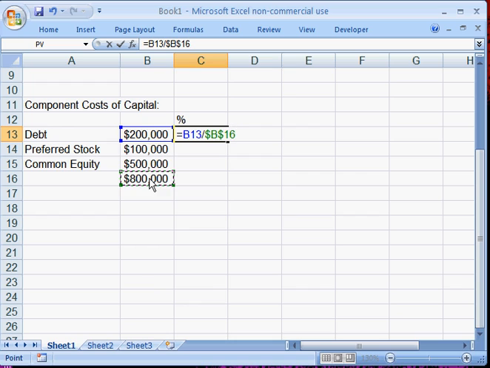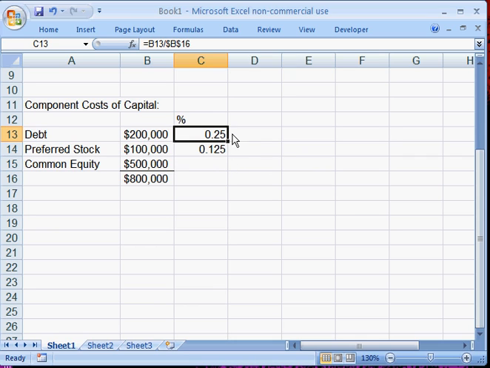So debt represents 25%, and preferred stock is equal to $100,000 divided by B16. Again, I'm going to use F4. And what I could have done instead to find that 12.5% was simply to drag down. I had the formula here, and if I drag it down into the next one by grabbing the square on the far right corner and pulling down, it would have found the 12.5%.